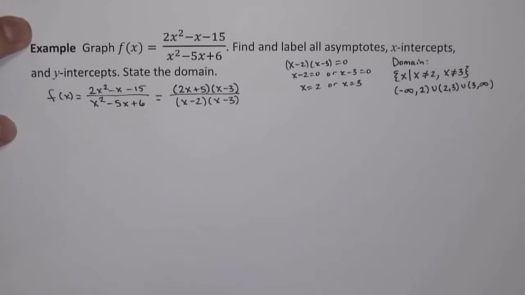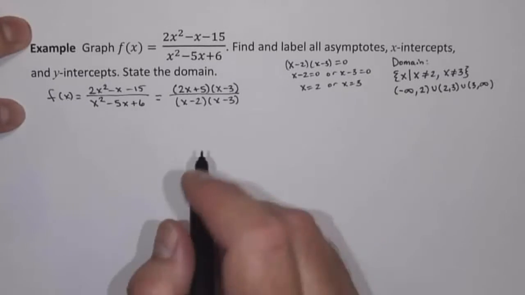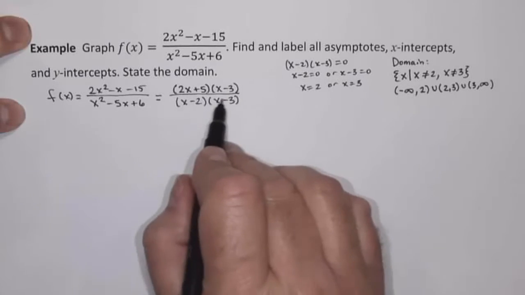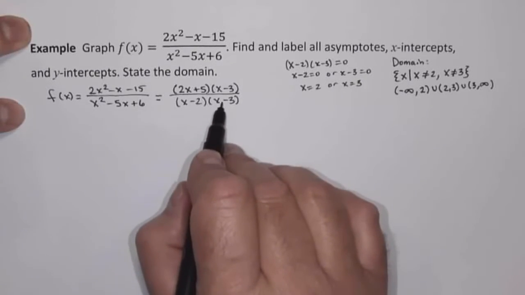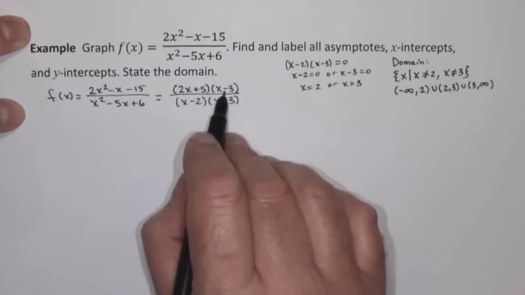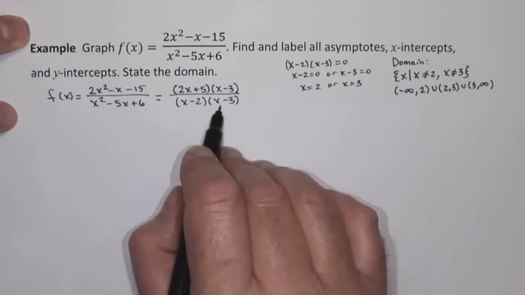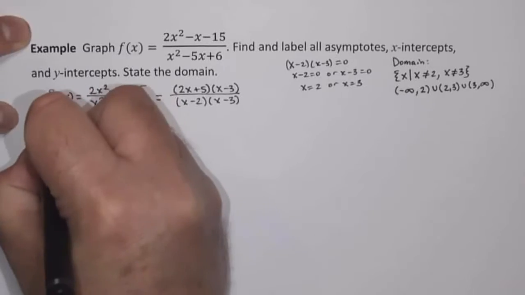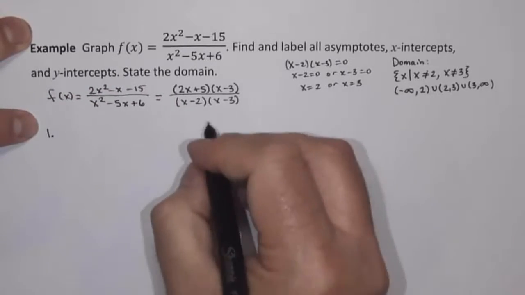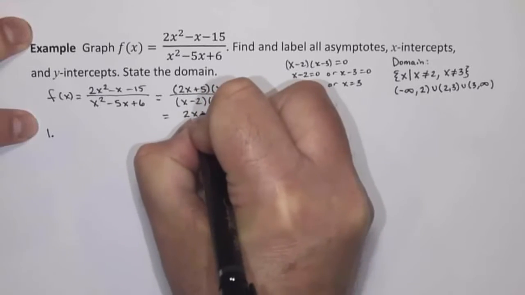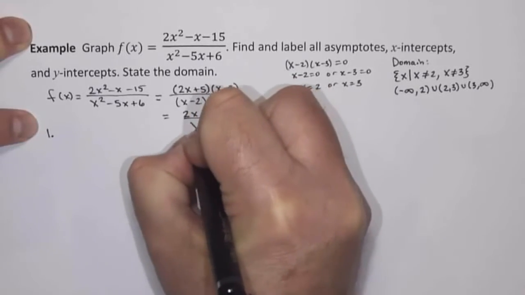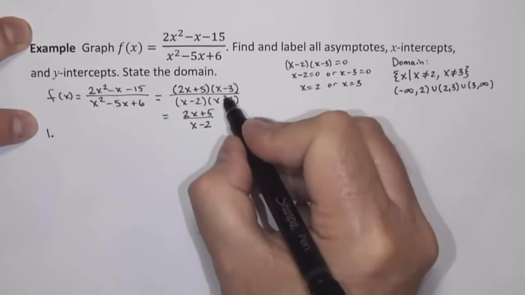So now we want to talk about vertical asymptotes. Well, remember, for vertical asymptotes, we can't have any common factors. If we have a common factor, that doesn't really cause a vertical asymptote. That causes a hole. So for step 1, I'm going to reduce. So I'm going to have 2x plus 5 over x minus 2.